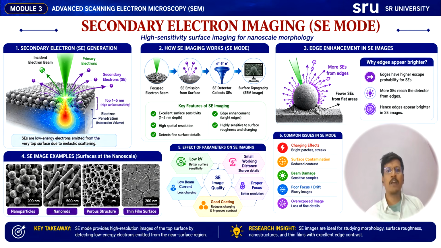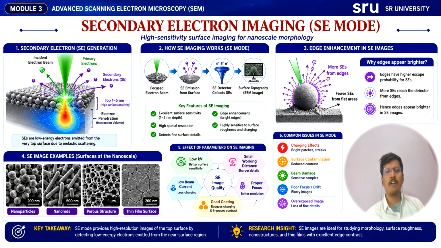The working principle of secondary electron imaging is very straightforward. A focused beam of electrons scans across the sample surface. The secondary electrons emitted from different regions of the specimen are collected by the secondary electron detector.